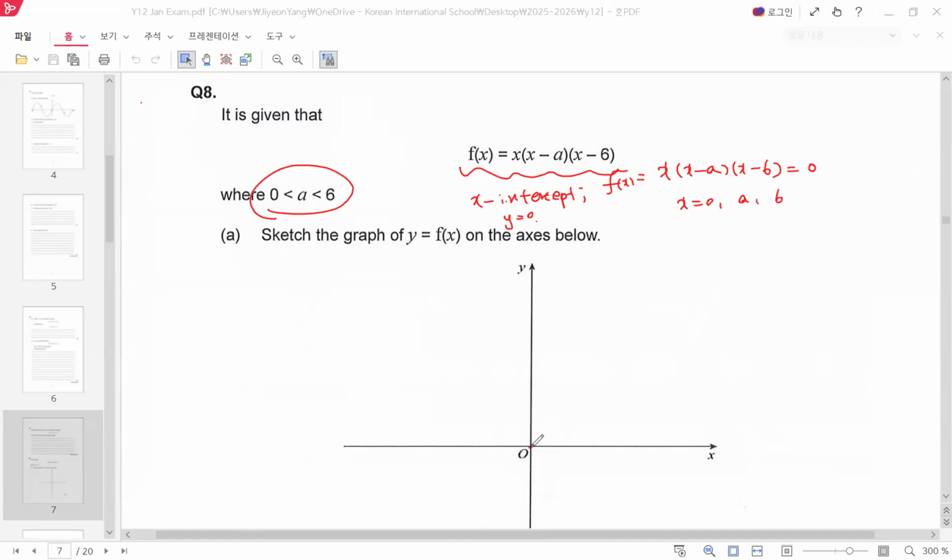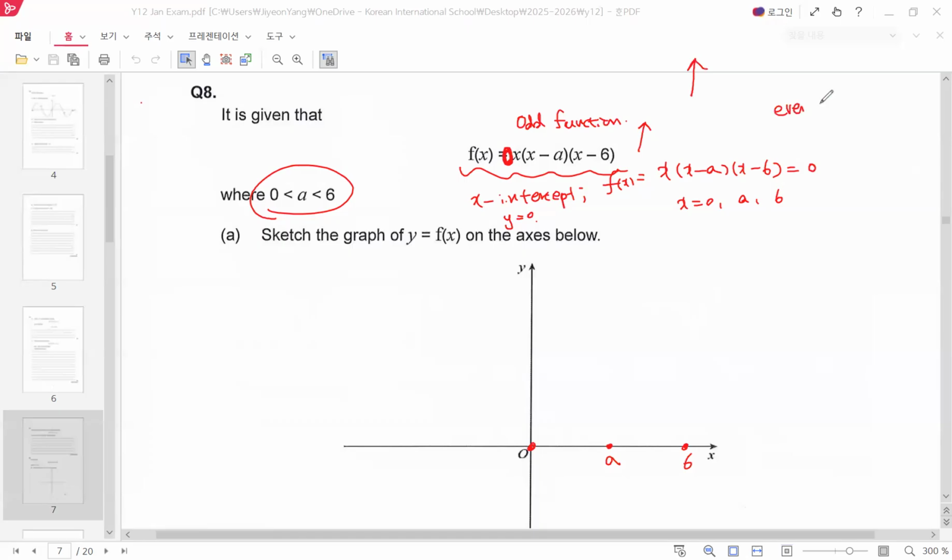Okay, so 0. Since a is between 0 and 6, if 6 is here, then a should be in between. Do you understand? And then the cubic equation is an odd function. An odd function starts from negative infinity if the coefficient of x cubed is positive, and then goes to positive infinity.